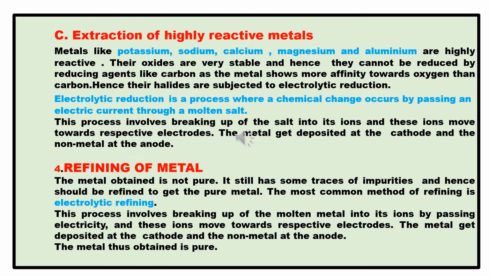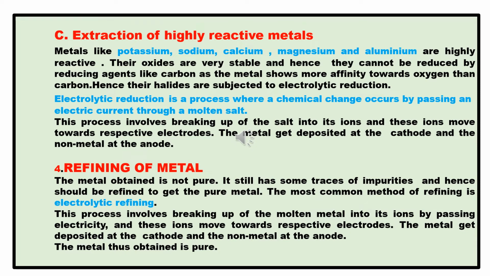Now the next step, the fourth step, is refining of the metal. The first step was concentration of the ore, the second was oxidation of the ore, the third was reduction of the ore, and the fourth step is refining of the metal. The metal obtained is not pure. By the reduction process or by the continuous heating process, thermal decomposition, we get a crude metal.